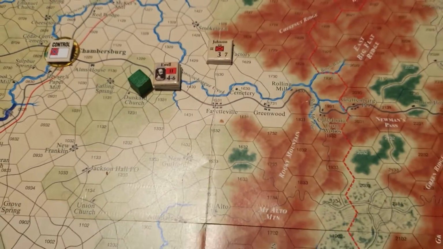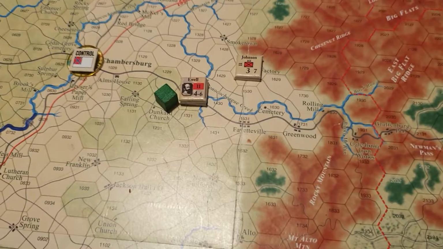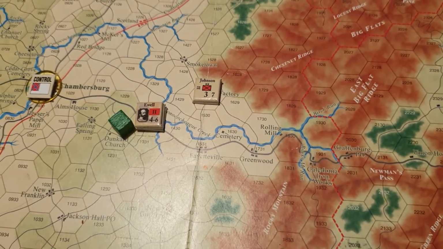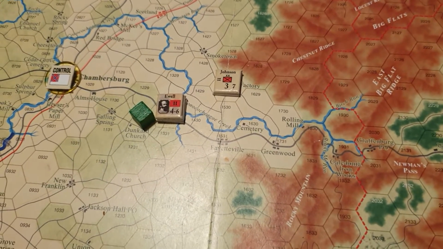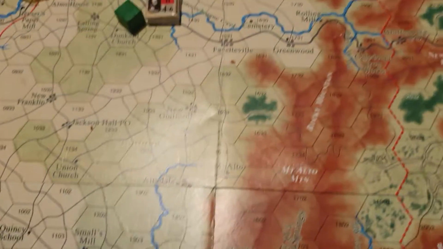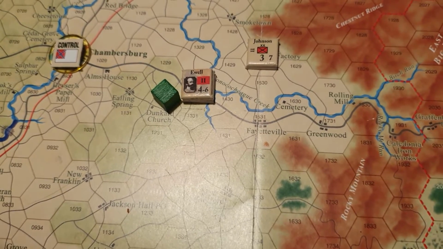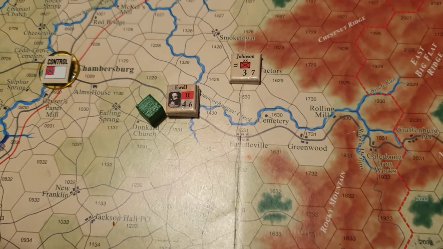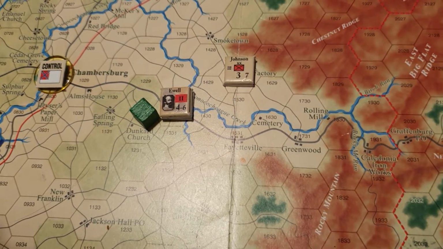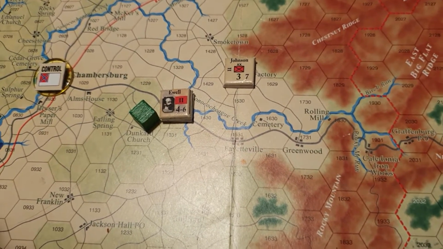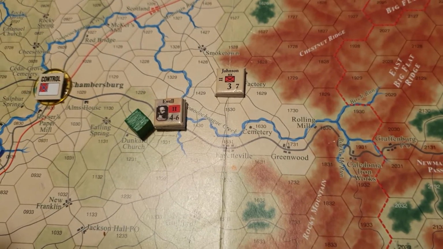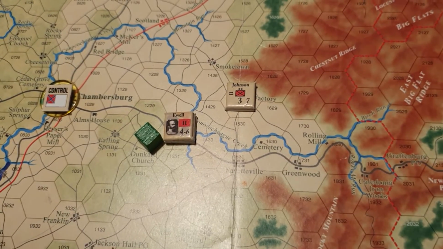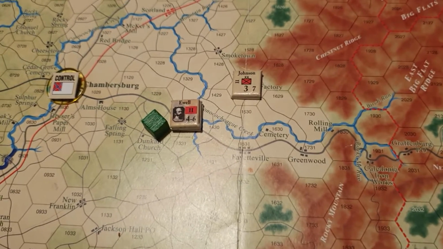If you're going to activate a leader, you can activate his stack and all other units that are subordinate to it, as long as they're within the command range. The little green wooden marker there is just to tell me there's a special rule for this unit that gives them a +2 to their dice roll, but because I'm making a leader activation, I'd get +2 anyway, so that's not going to be in effect here.